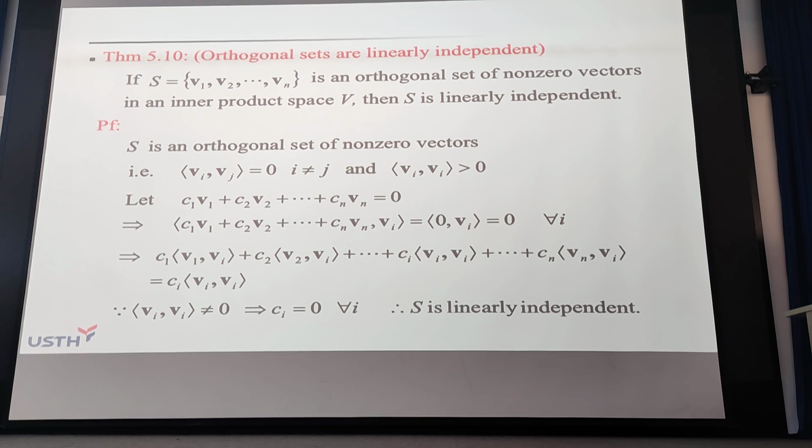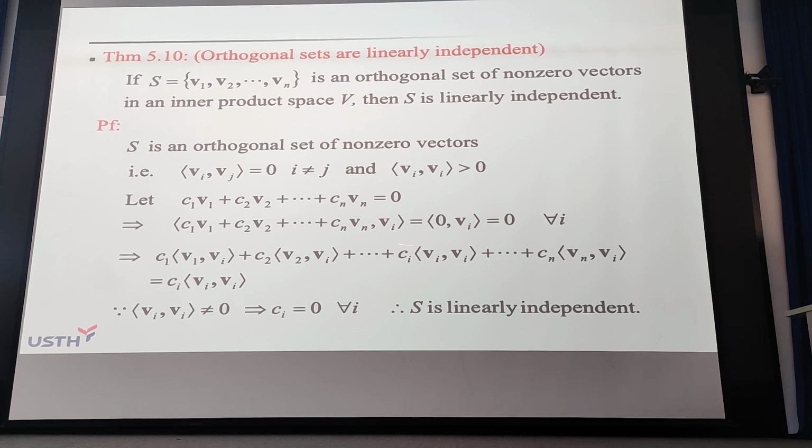This is very easy. You take the inner product of both sides with any vector Vi. On the right hand side, the inner product of 0 and Vi equals 0. On the left hand side, you get the inner product of the sum with Vi.